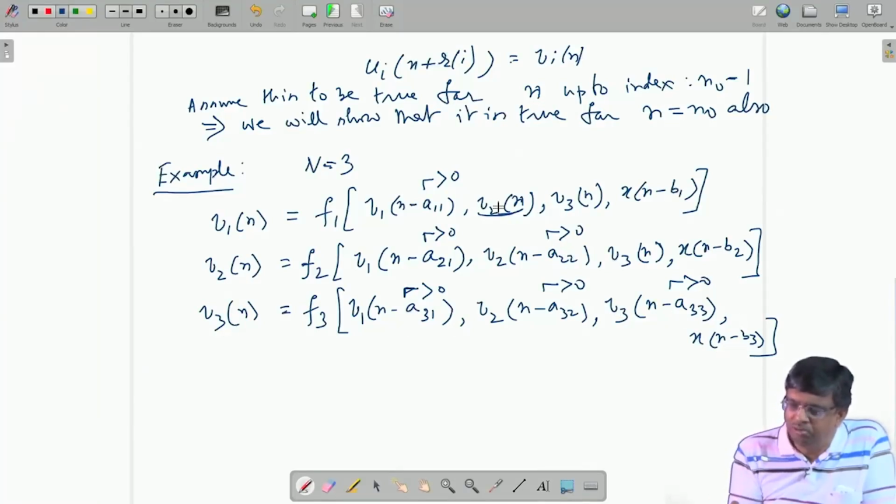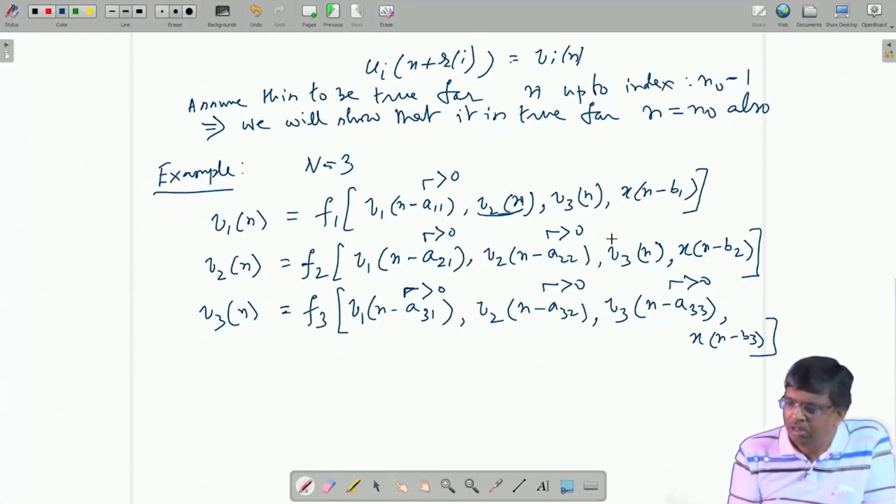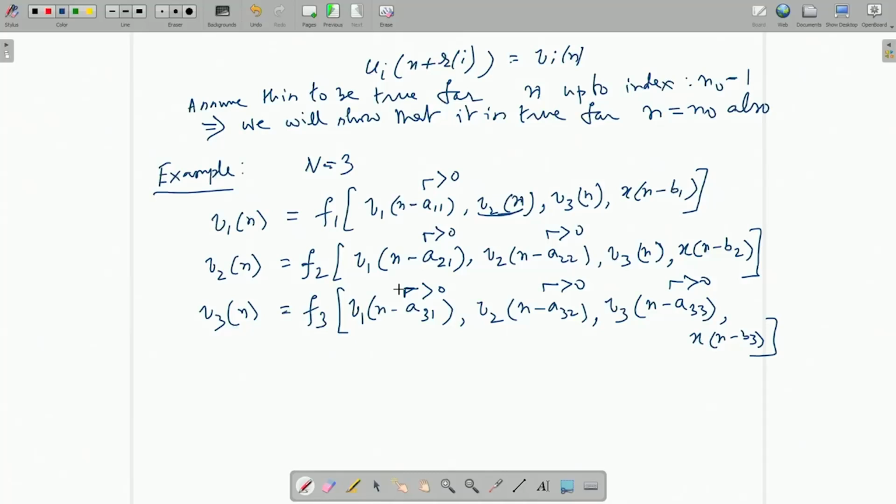Then I go to V2n, again I replace, the moment it is non-delayed, I replace by this function again, these two are strictly delayed terms, again V3n I replace by the third expression, there all the terms are strictly delayed, and so on and so forth. So, eventually it will be a nested function, function within a function within a function kind of thing, but all the terms as you can see will be strictly delayed, that is with n whatever will come, that will not be 0, that will be positive.